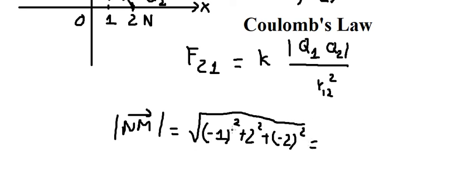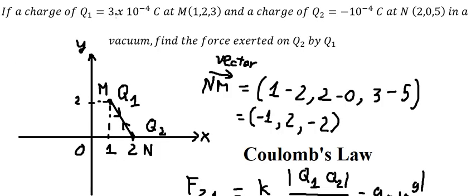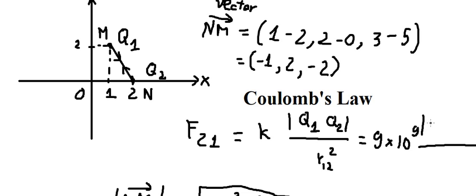So we calculate this one, and we have 3. Now K is 9 multiplied by 10 to the power of 9. Q1 is 3 times 10 to the power of negative 4.